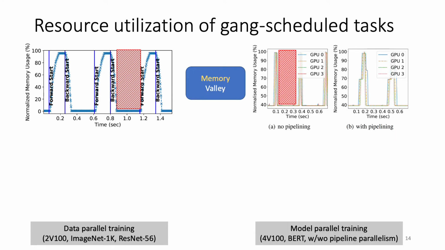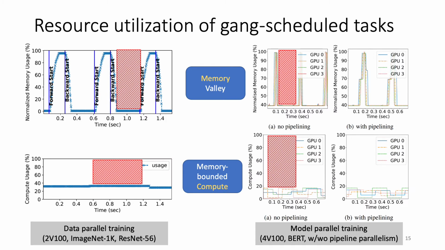We also conduct system monitoring of the resource utilization in model parallel training. Here we use four V100 GPUs, and we train BERT with and without pipeline parallelism. As you can see, denoted as the red shadow box, the memory valley periods consistently exist with or without pipeline parallelism.